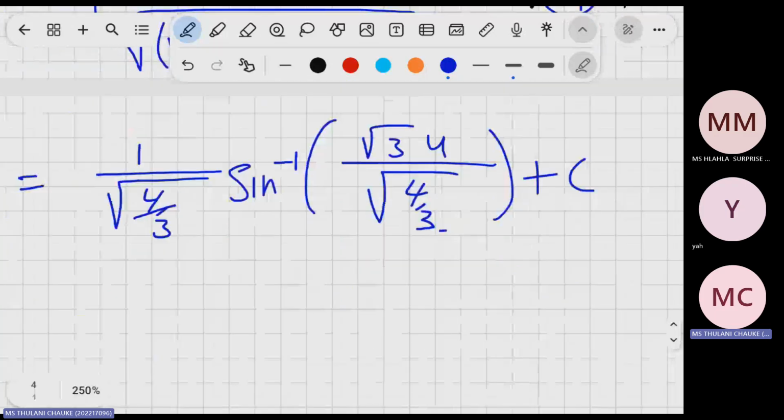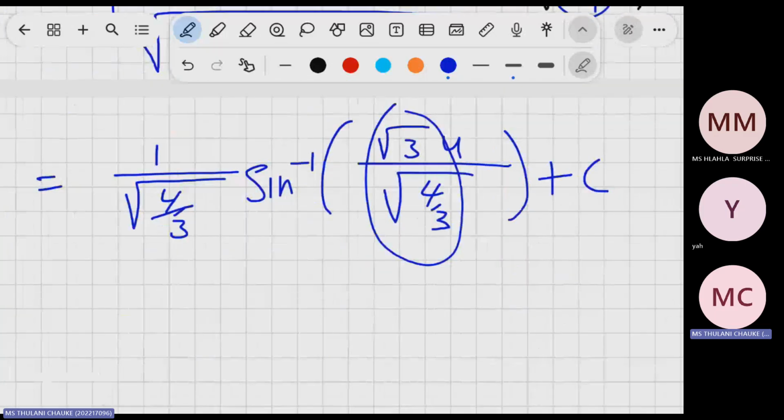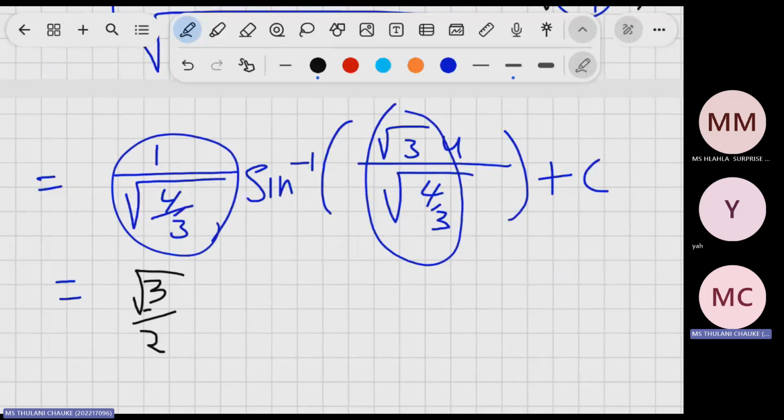Then if you simplify this, let me see what I'm getting. 4/3. Yeah, that one will be root of 4/3. This one will give us 3 root of 3/2, and then they will have the arc sine. And this one will give us root 3 divided by root of 4/3.